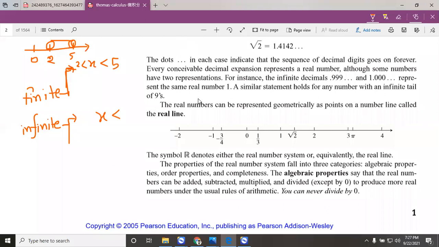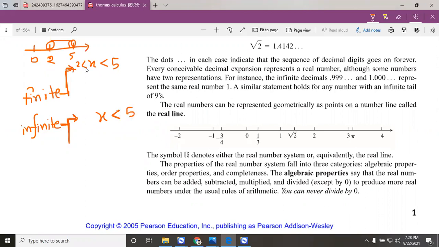Okay. So for an infinite interval, we can think this way: x is less than 5.